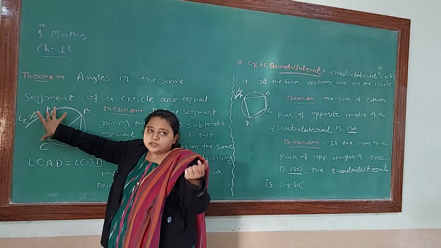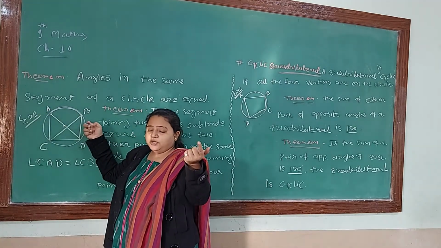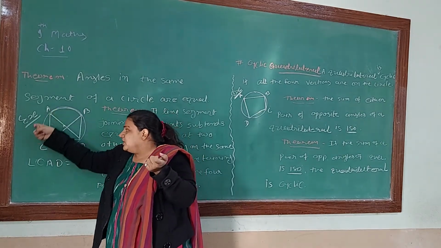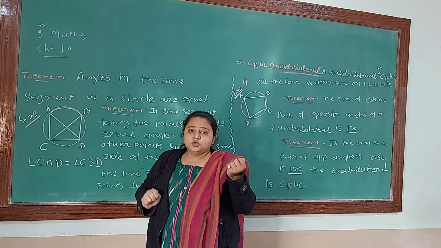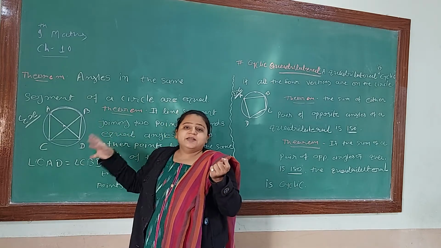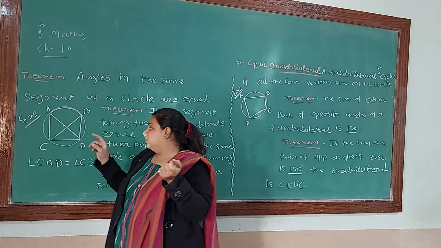If we are considering one line segment, they form another two angles. That means you can see that all the 4 points are on the circle. So we can say that it is a concyclic quadrilateral.